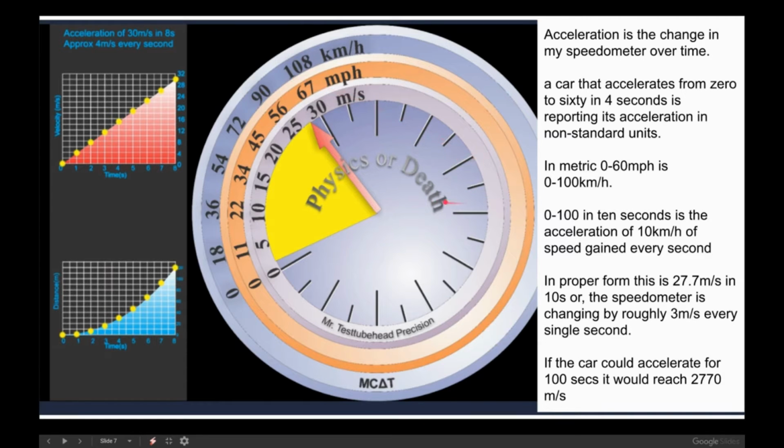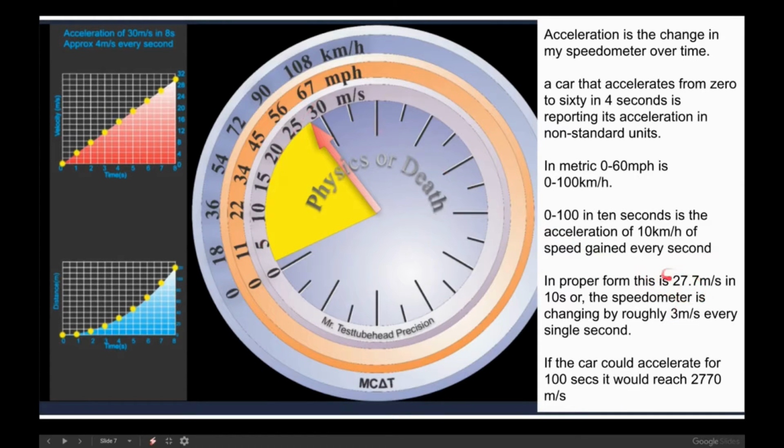But in metric, it would be 27.7. The car would go, but it's the equivalent. It's how fast did this dial sweep? In proper form, this is 27.7 meters per second in 10 seconds, if that's what it took the car to do. Let's say it took it 10 seconds to get here.